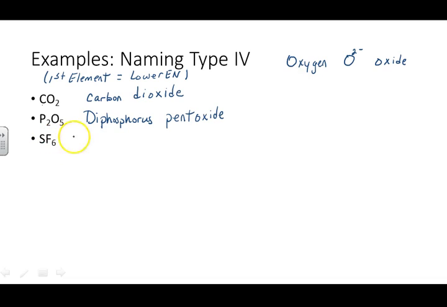SF6, we have one sulfur, so no mono, we just write sulfur. 6 fluorine. Fluorine is a -1 oxidation state, which is the negative form of fluorine. It's called fluoride. So this would be sulfur, prefix is hexa for 6, hexafluoride.